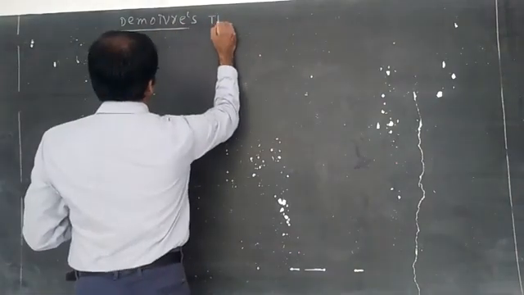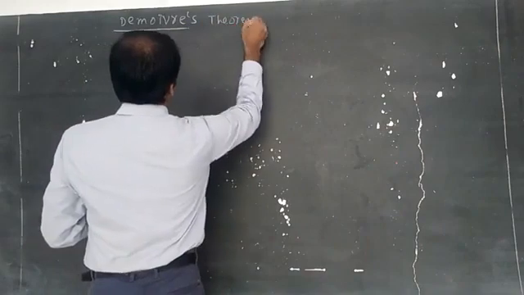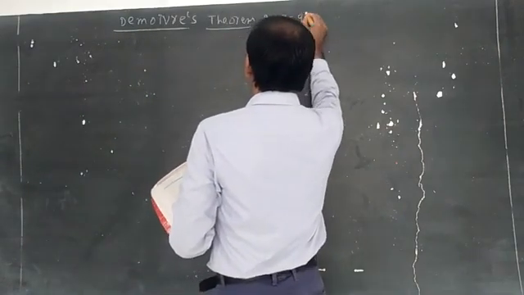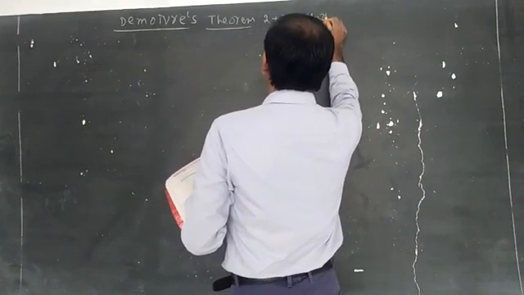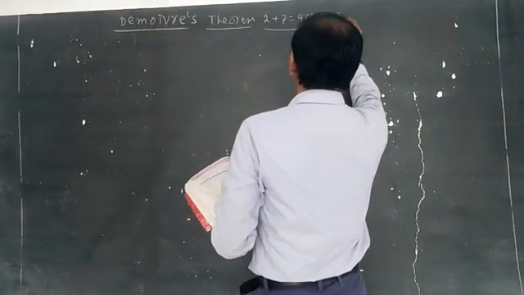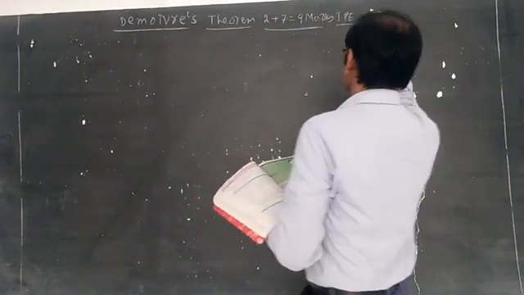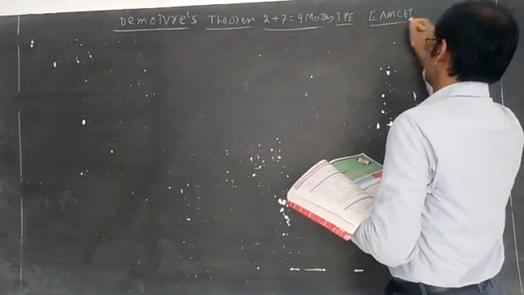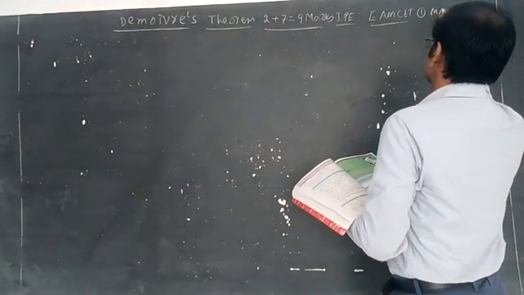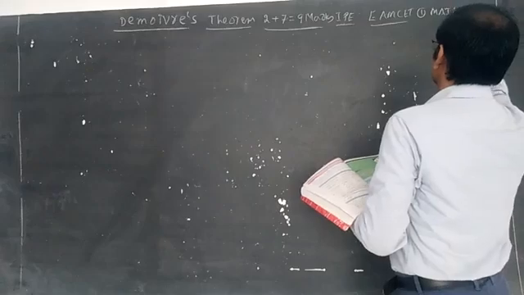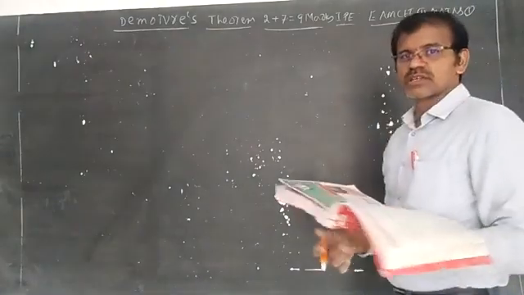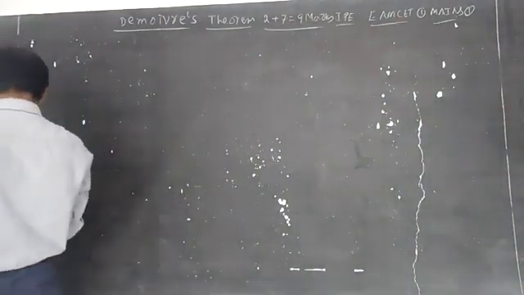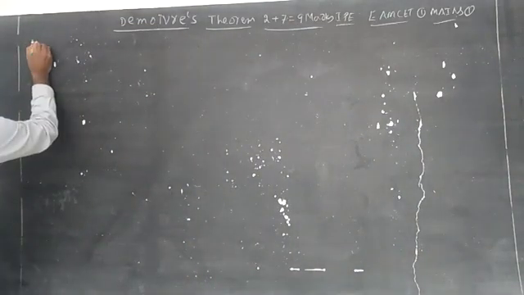This has IPE weightage of 2 plus 7, 9 marks. 9 marks in IPE. MSET 1 bit and Mains 1. I mean, altogether complex numbers and De Moivre's theorem are 1 bit. Now let us start De Moivre's theorem. Put side heading De Moivre's theorem.